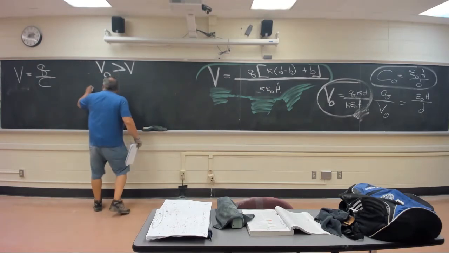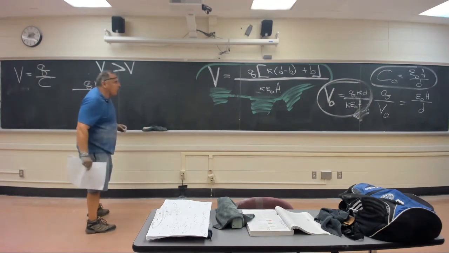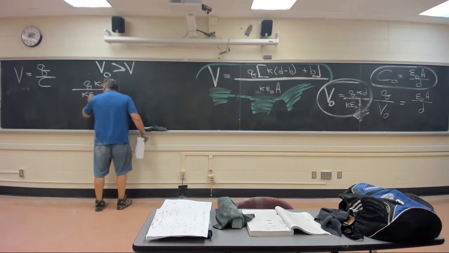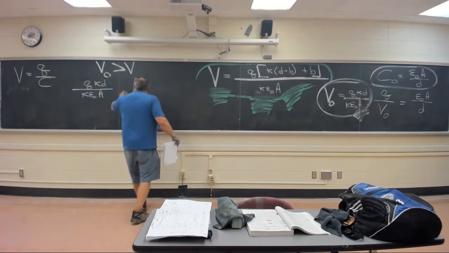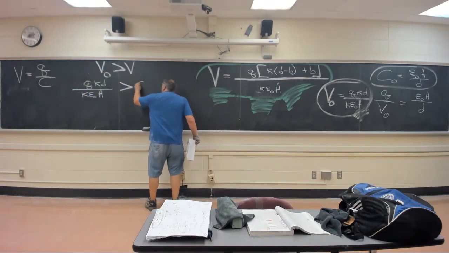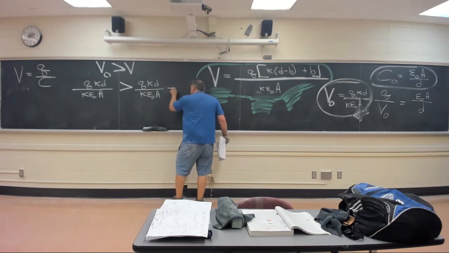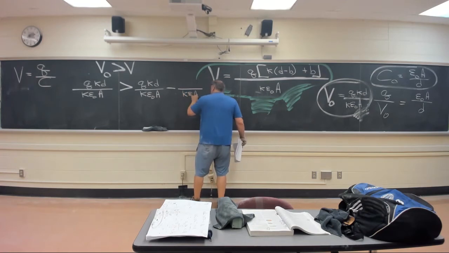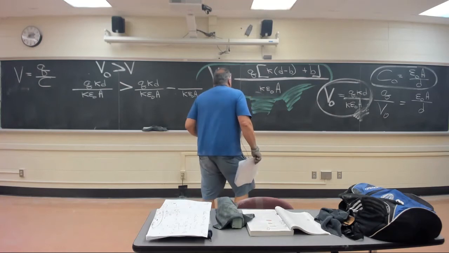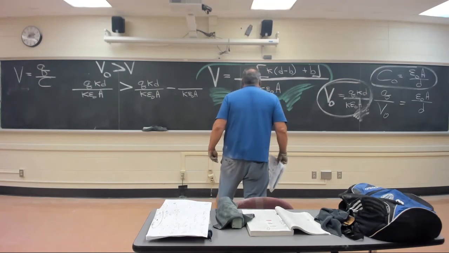Well, that means that Q kappa D over is greater than Q kappa D over kappa epsilon A minus kappa D, right?